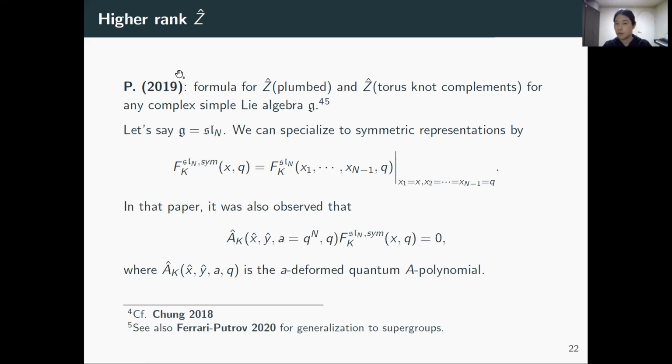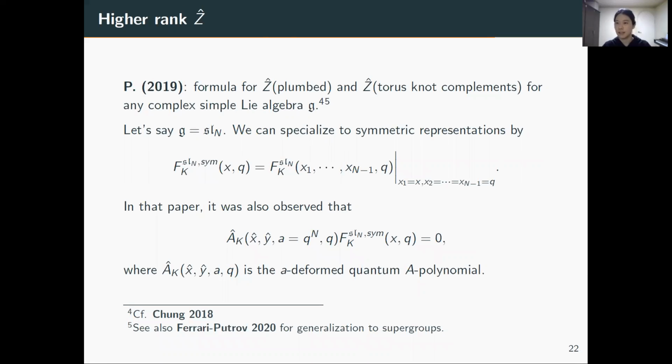There are some formulas for Z-hat for negative definite plumbed three-manifolds and torus knot complements for any complex simple Lie algebra. For our purposes, we let the Lie algebra be SL_N. Those x variables, in the context of Chern-Simons theory, were Holonomy eigenvalues along the meridian.